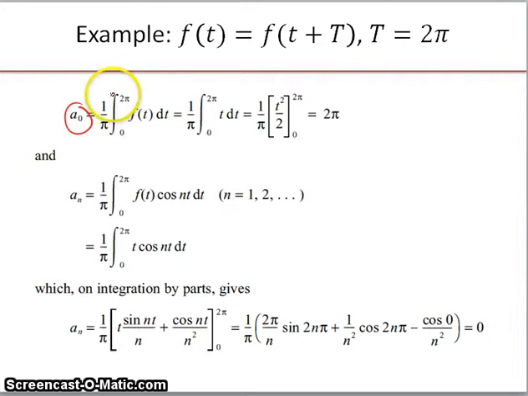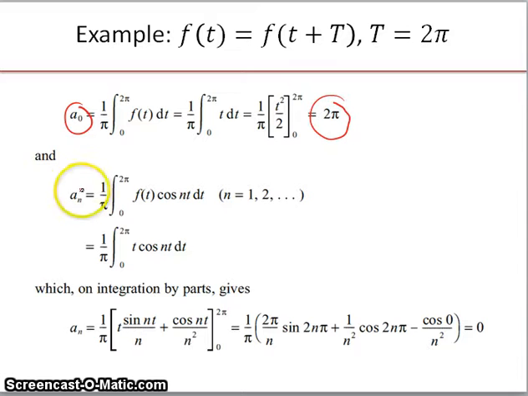We know that 2 over T is 2 over 2 pi, which is 1 over pi, and the boundary is from 0 to 2 pi. Here we can straight away use the whole boundary because we only have one function, which is t.